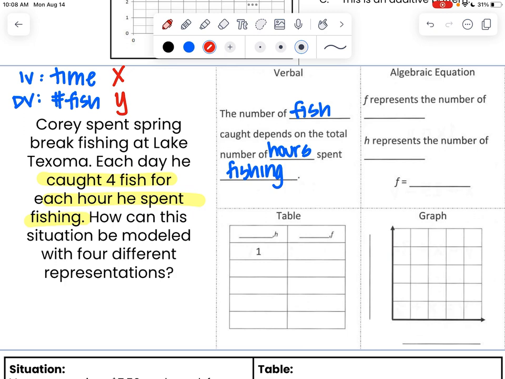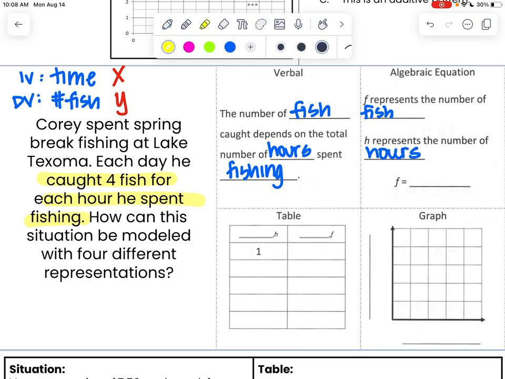So we want to make a table now. And really, it doesn't matter which way we go. We could go verbal straight to the graph or verbal to the algebraic equation. It does not matter because they're all representing the same thing. F represents the number of fish, and H represents the number of hours.